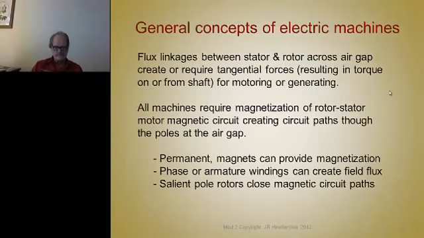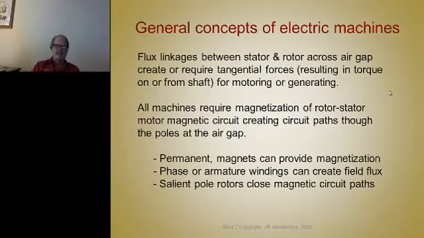So all machines require a magnetic circuit, where part of the circuit is in the stator and part of it is in the rotor. And in the case of salient pole machines, they only have one magnetic source, and it's in the stator.